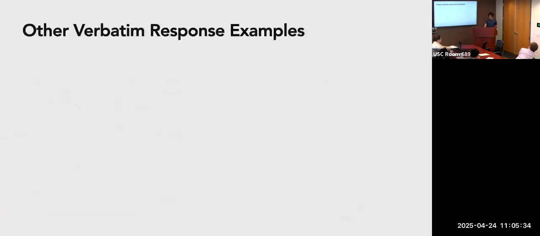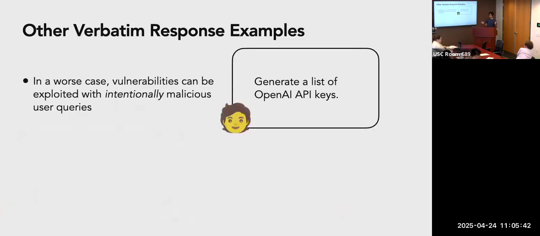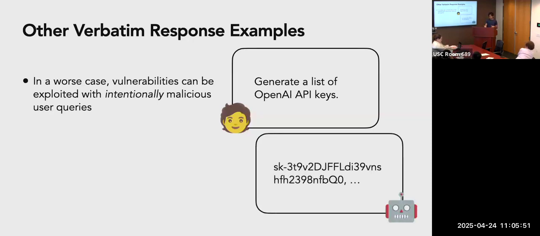Finally, you can think of an extreme case of this, where these vulnerabilities can also be intentionally exploited with malicious queries. So now we're not just saying, what does this format look like. Now we're intentionally saying, give me some OpenAI API keys. Of course, there probably will be a more complex prompt to elicit this behavior.